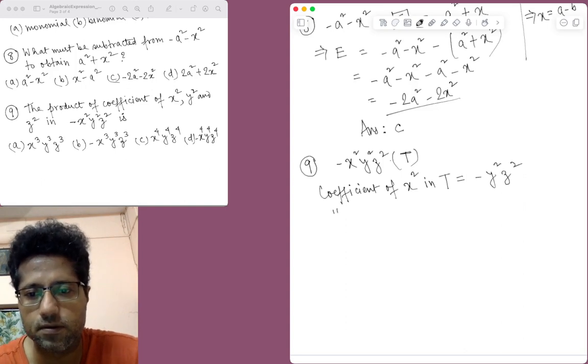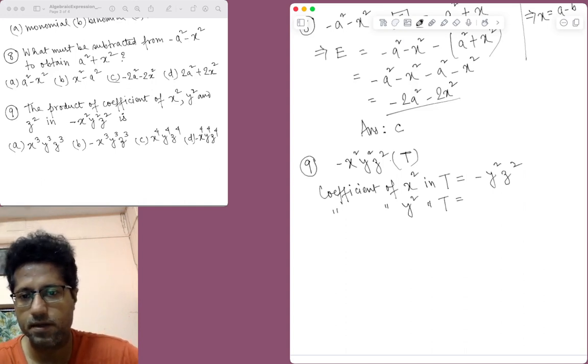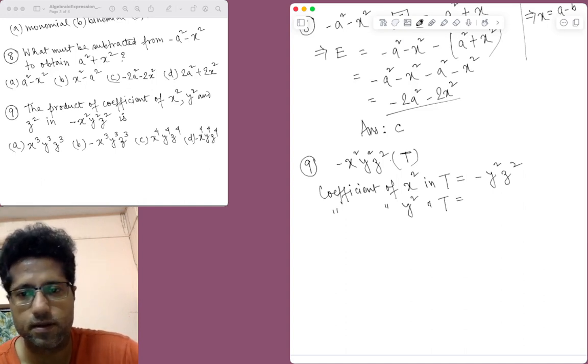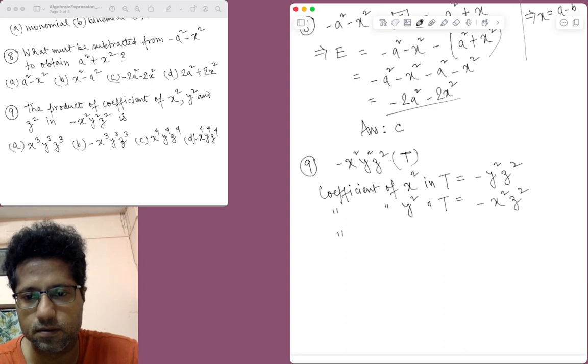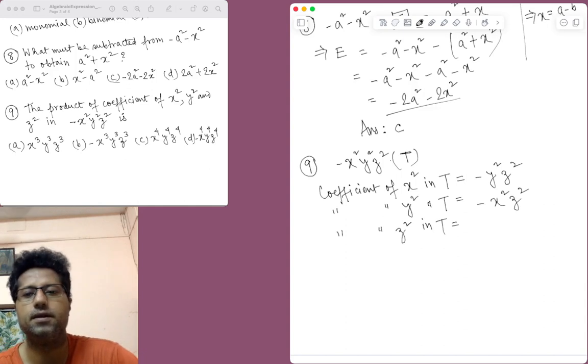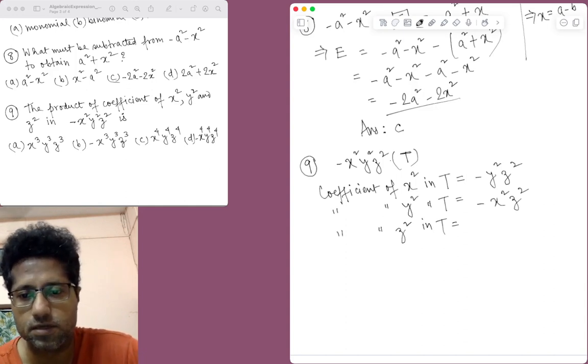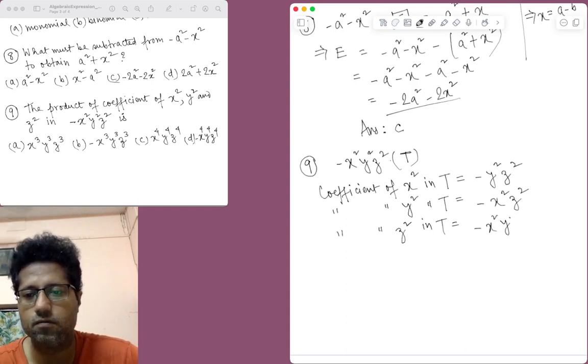Similarly, coefficient of y square in t is whatever is remaining in t if you ignore y square, that is minus x square z square. Similarly, coefficient of z square in t equals whatever is remaining in t if you discard z square, that is minus x square y square.